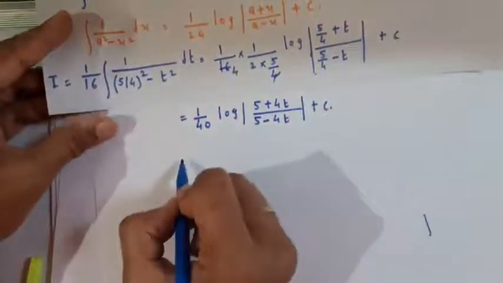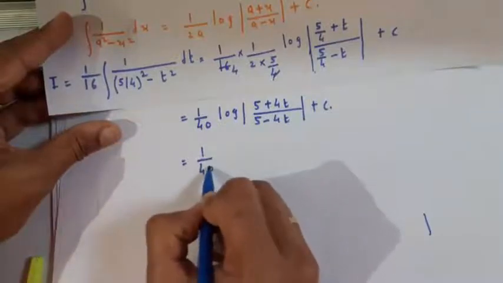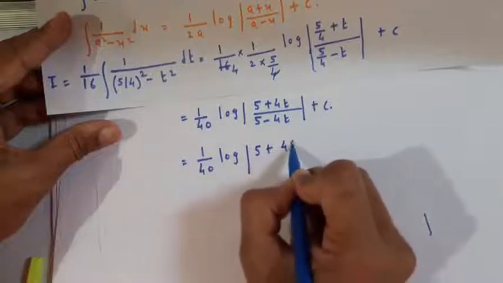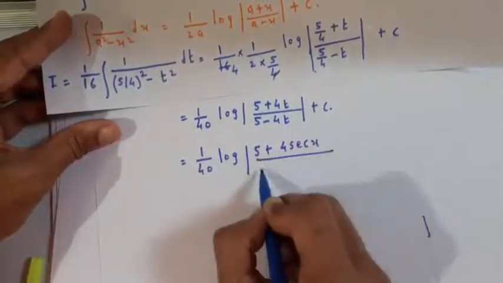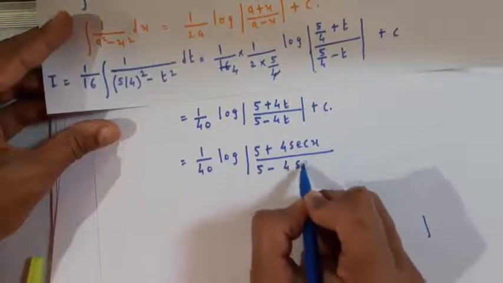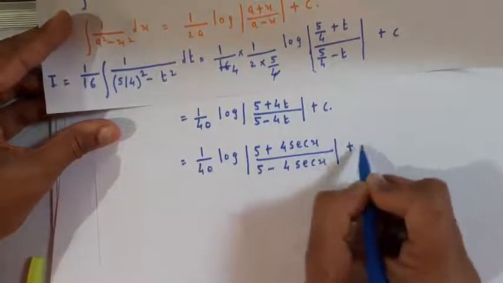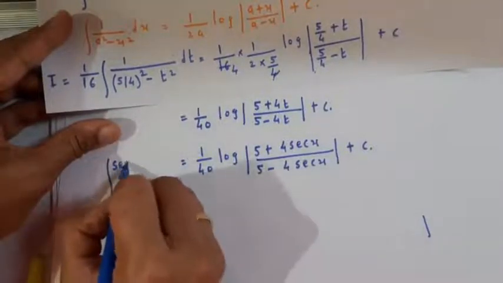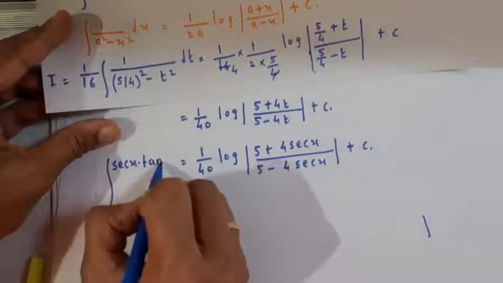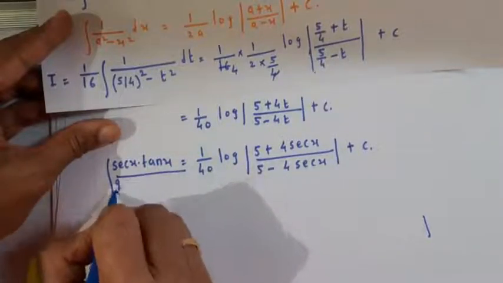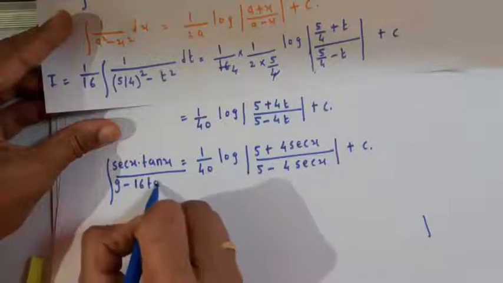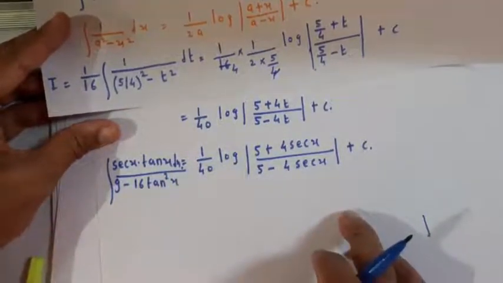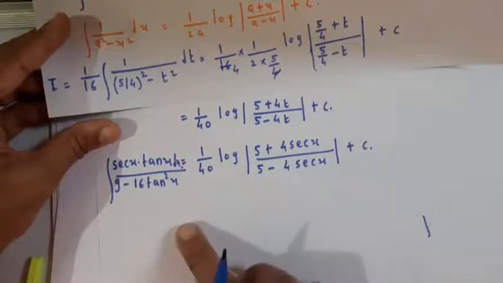T is sec x, and hence 1 by 40 log of (5 plus 4 sec x) upon (5 minus 4 sec x) plus constant of integration c, and this is the integration of sec x into tan x upon 19 minus 16 tan square x with respect to x. Okay students, this is the solution for the given integration.